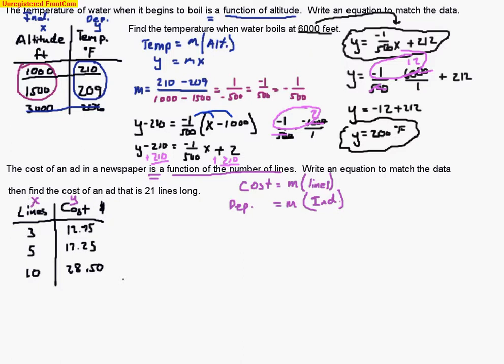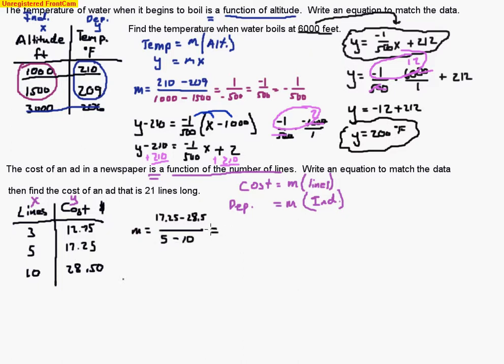So with that said, now we can figure out what our slope is. Our slope is equal to, and then we put in our y values up top. So I'll do 17.25 minus, how about this, 28.5, and since I start with 17.25, I've got to start with the 5 minus 10.